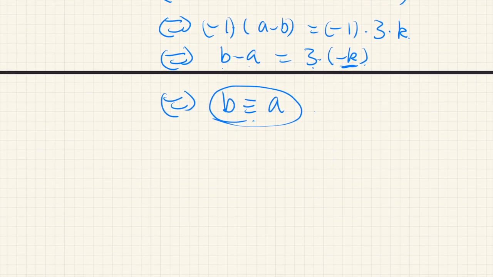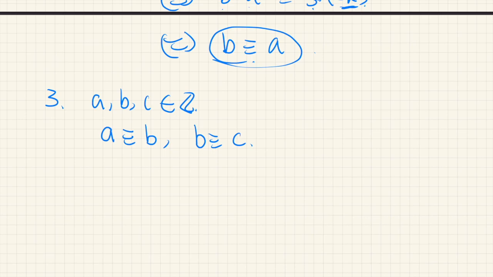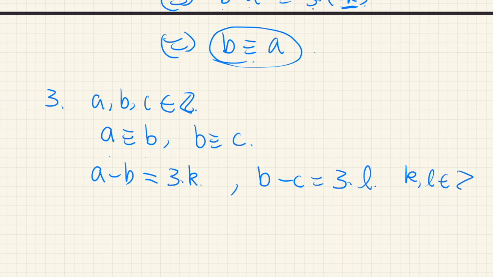Next, lastly, we need to show transitivity. Let's say a, b, c are integers, and we assume a is congruent to b and b is congruent to c. Now, if a is congruent to b, then a minus b is some multiple of 3, and b minus c is some multiple of 3, where k and l are some integers, right?